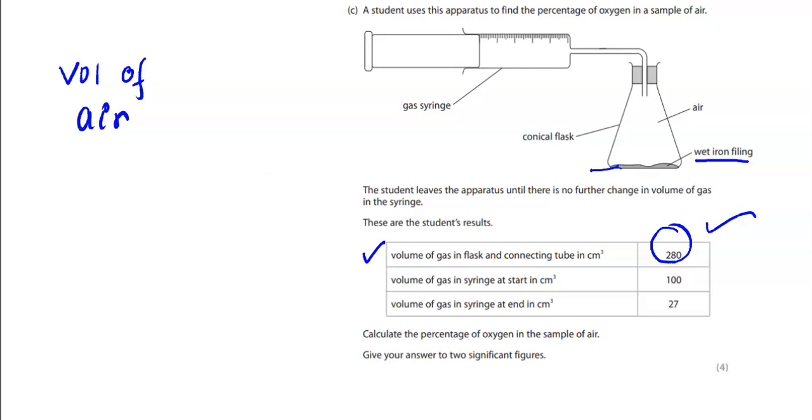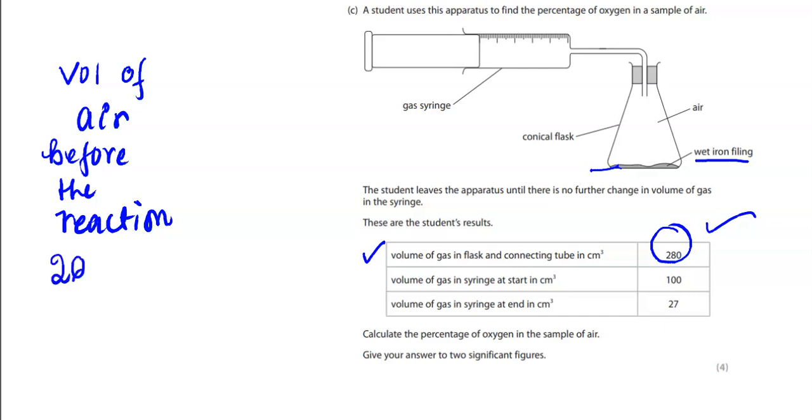Volume of air, you can write here, before the reaction, right? So the volume in the conical flask and connected tube is 280 centimeter cube, and in the gas syringe it's 100 centimeter cube, right?